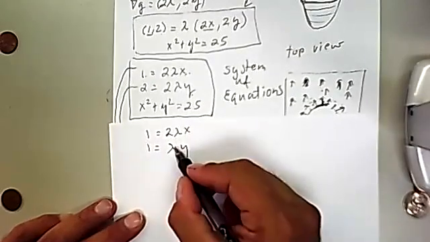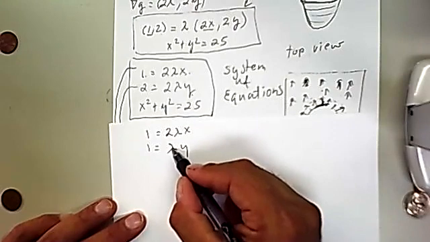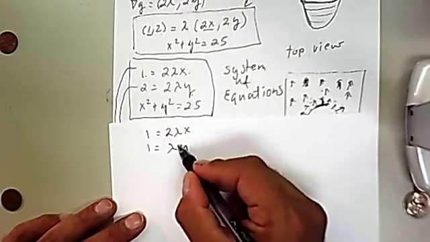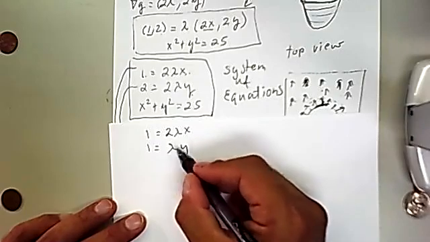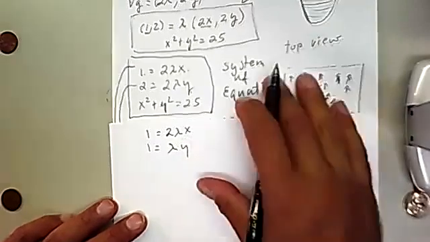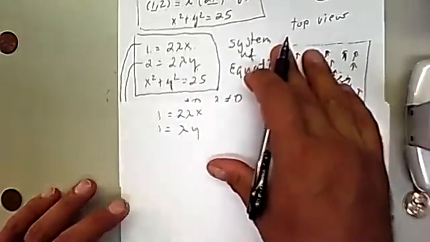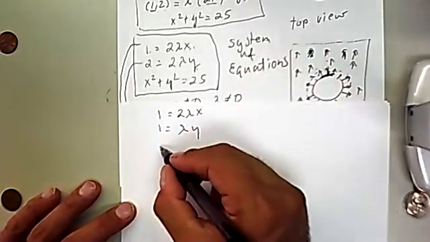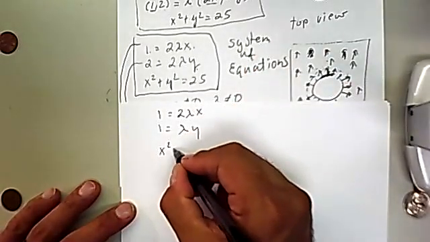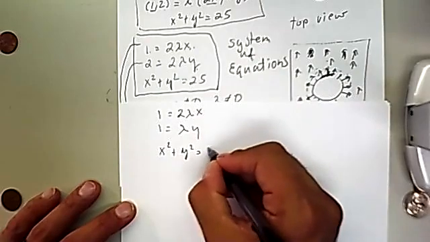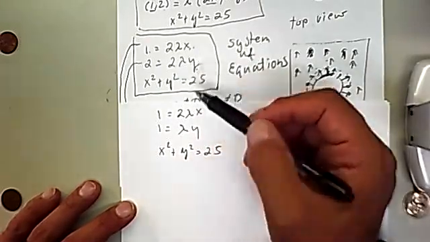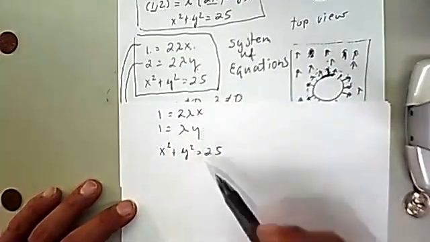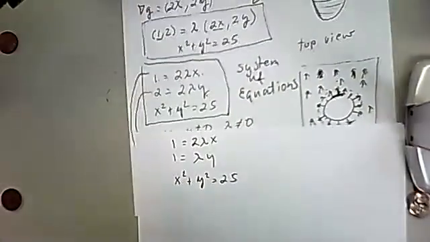You have to be careful when writing the lambdas, because if you extend this line a little bit and cross the longer line, then that may look like an x. So you have to start writing your equations carefully. x squared plus y squared equals 25. Notice that I did simplify the second equation by dividing both sides by 2.